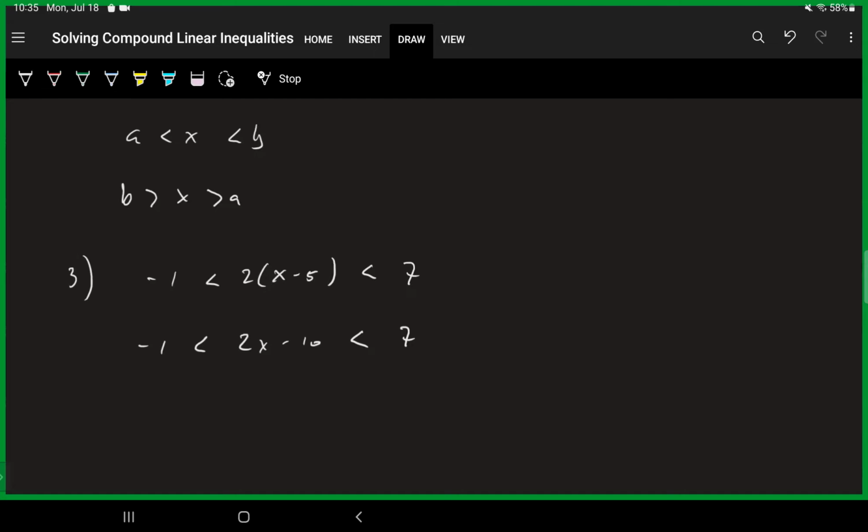The values on either end didn't change because I didn't do anything to them yet. And I want to isolate my variable here. So I'm going to get x by itself, and I'm going to need to undo the order of operations. So let's add 10 to each part. Since there's 2 inequality symbols here, there are 3 parts to this inequality statement. It's a compound statement. So I'm going to add 10 to each part.